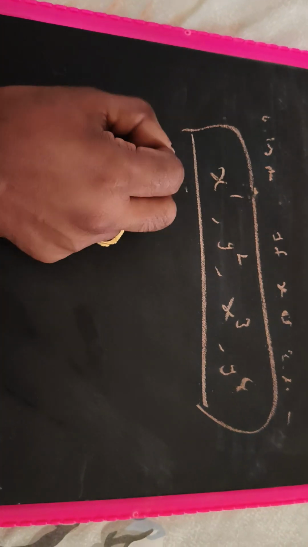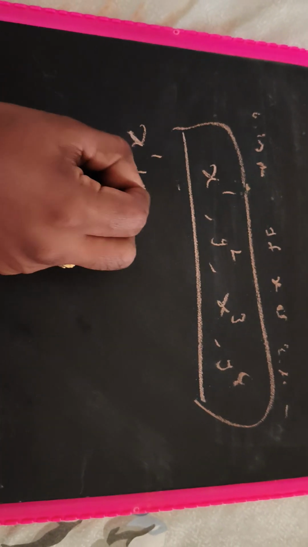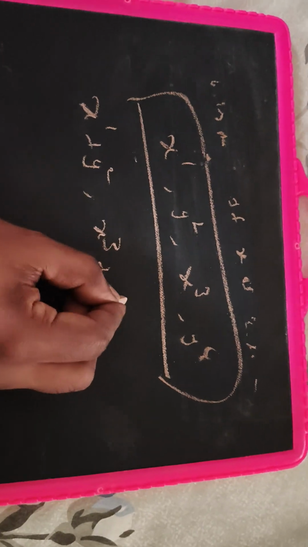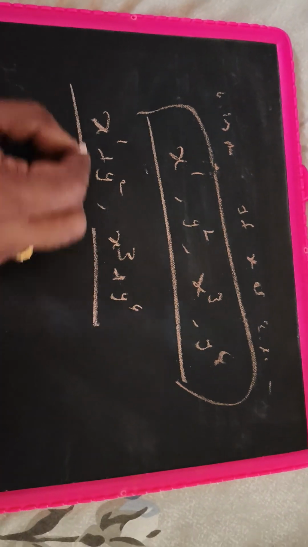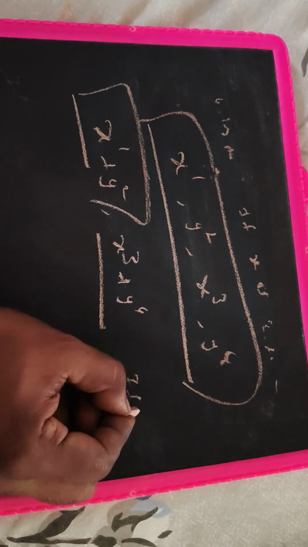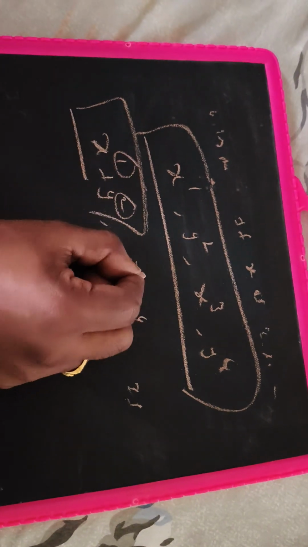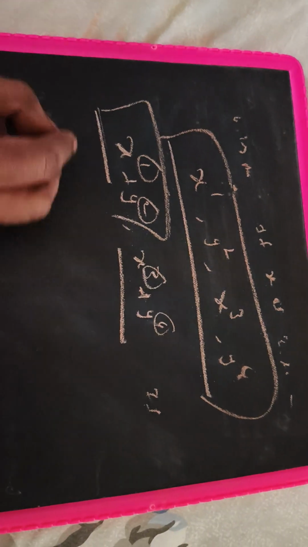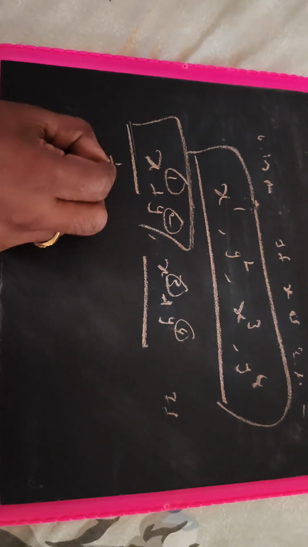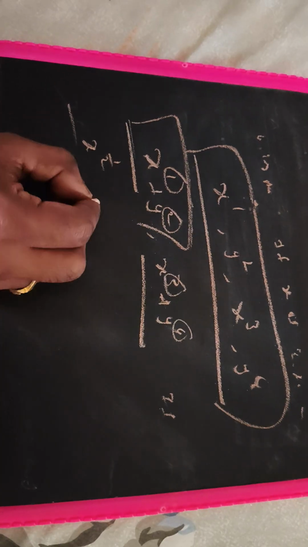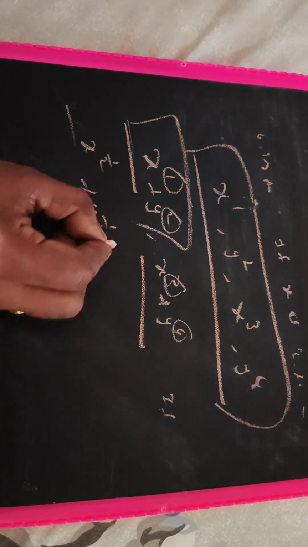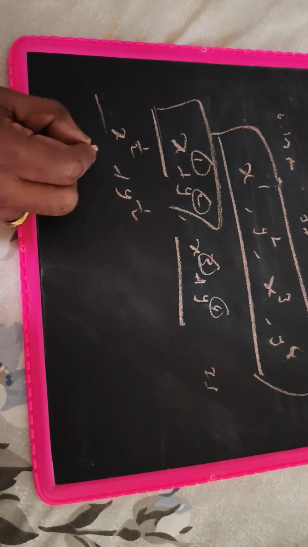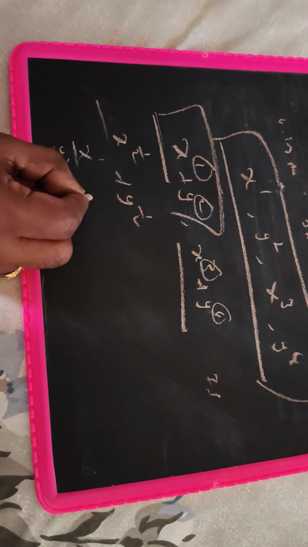This is x to the power of 1 plus y to the power of 2, x cube plus y to the power of 4. It is called a polynomial only if the exponents are whole numbers, not a fraction. If it is a fraction, like y to the power of 1 by 2, it is not called a polynomial.